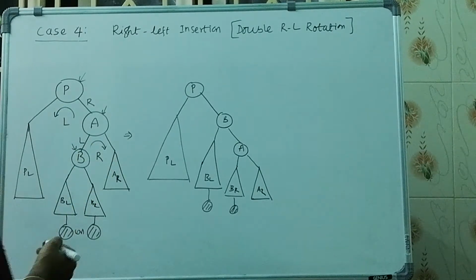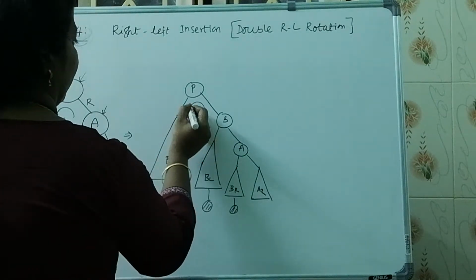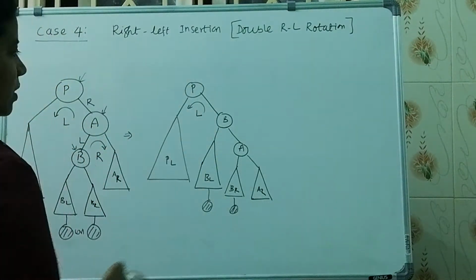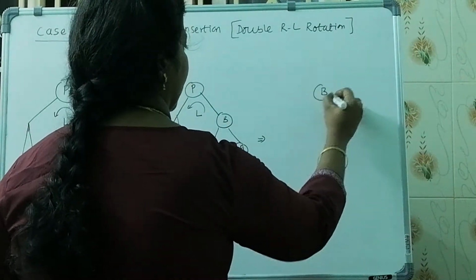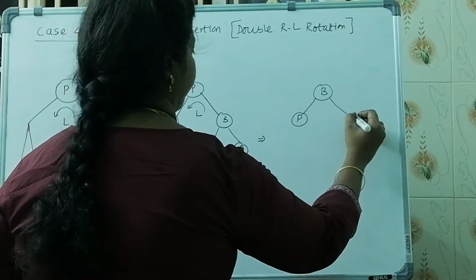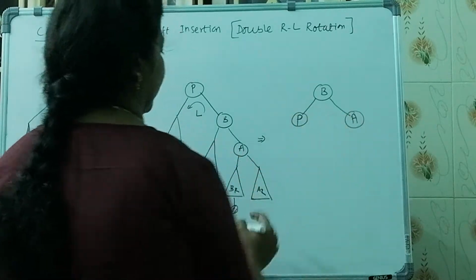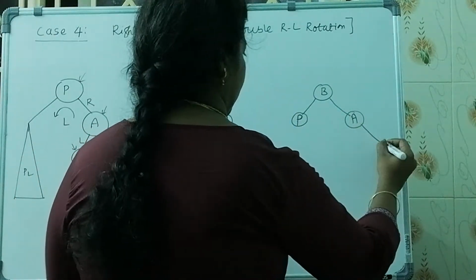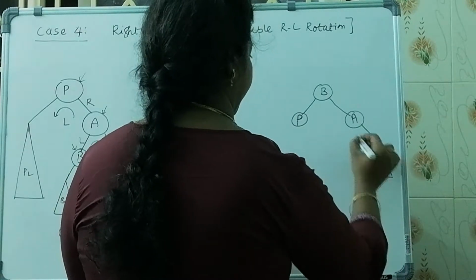Now we have to apply a left rotation at the level above, which is P. So as a result, what will we get? B will be at the root, P can go here, and then A can come here. Now once you figure this out correctly, all will be an easy step. This is AR.